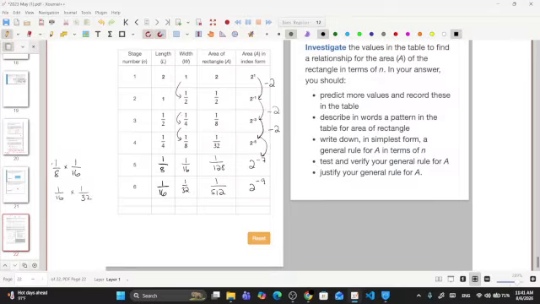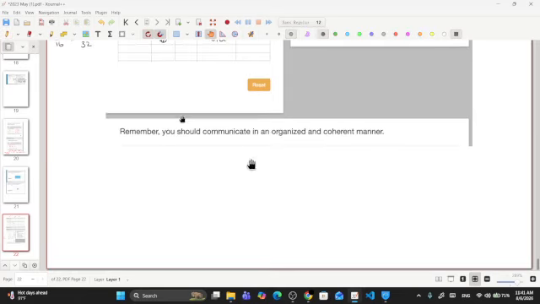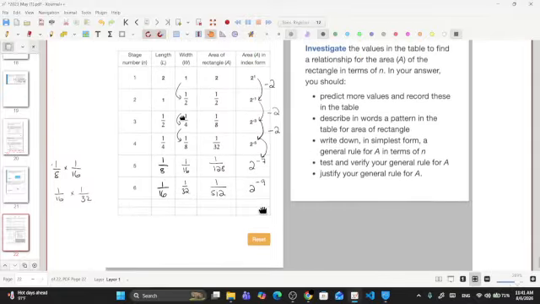Describe in words a pattern for the table for area of rectangle. Okay. So we can clearly see that the area of the rectangle is not decreasing by 4, it's a successive area in which it is being divided by 4. So if you were to divide 2 by 4, you would get an answer of half. If you were to divide half by a further 4, if you apply the KCF method, you get 1 over 4 times 1 over 2, which is 1 over 8.